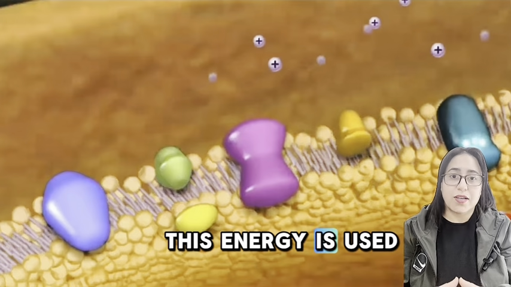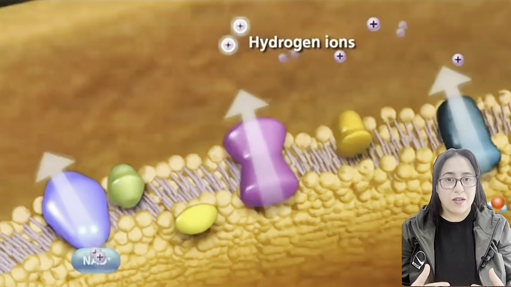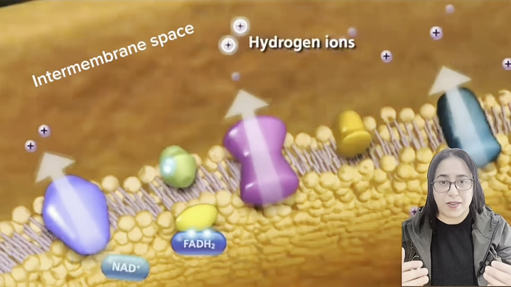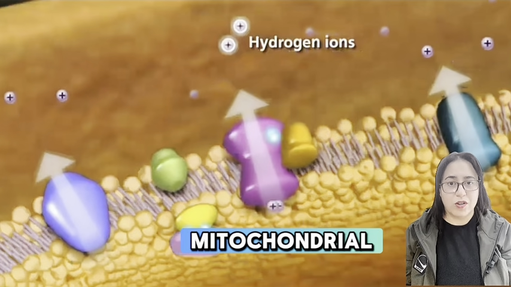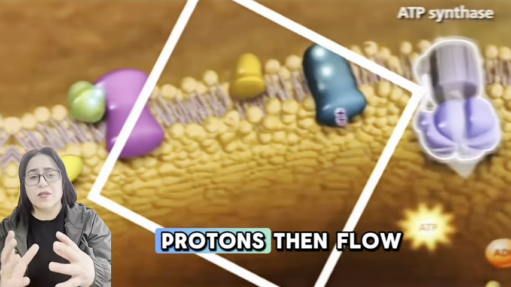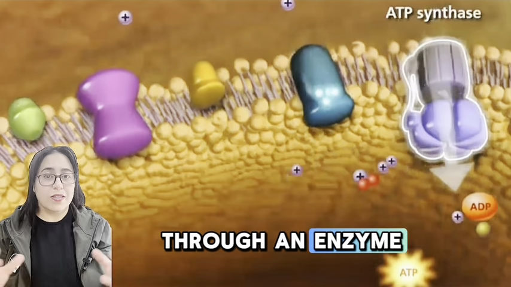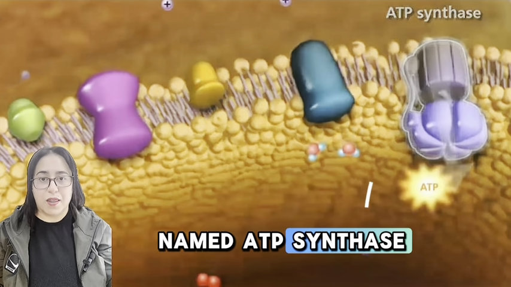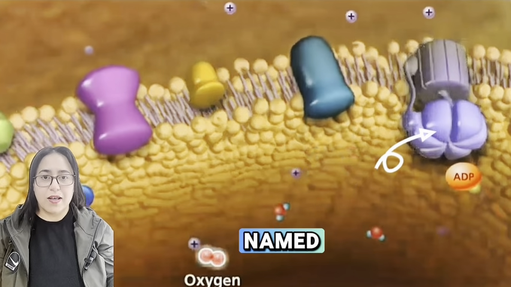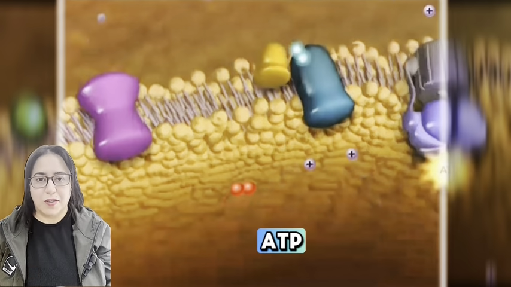This energy is used to pump protons from the mitochondrial matrix to the intermembrane space across the inner mitochondrial membrane, creating a proton gradient. Protons then flow back to the mitochondrial matrix through an enzyme named ATP synthase. This process is named chemiosmosis, and it produces a large amount of ATP.